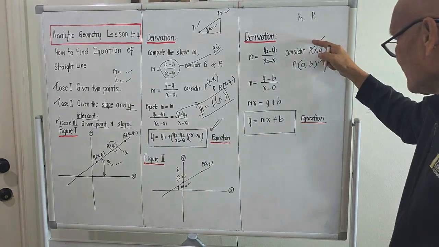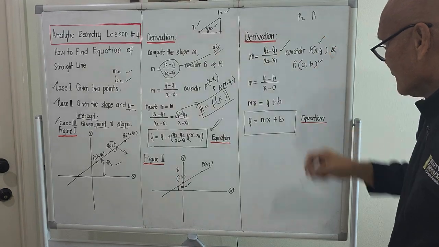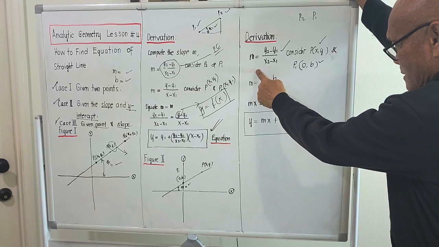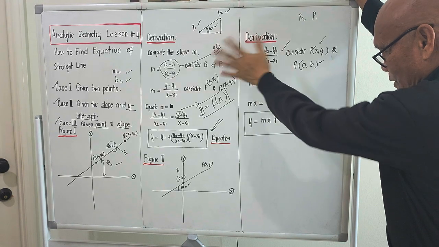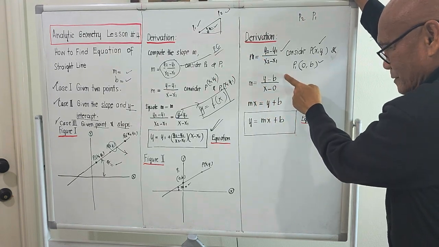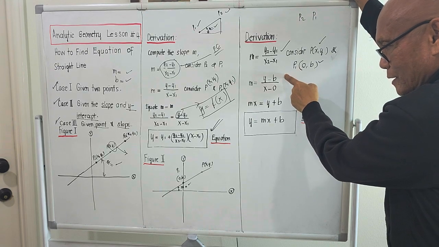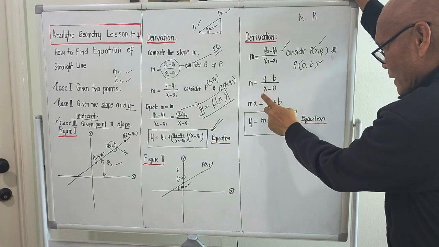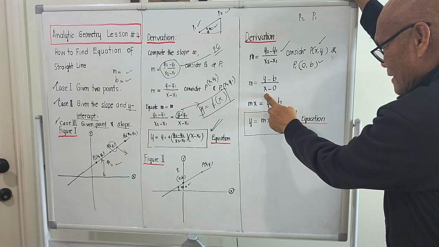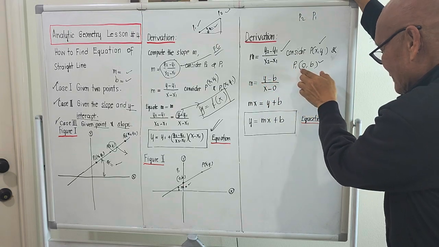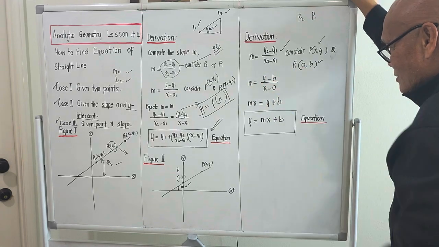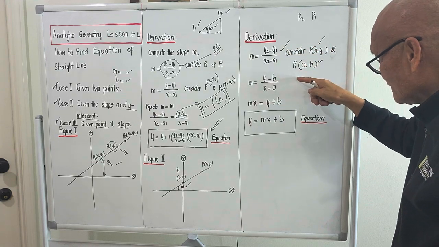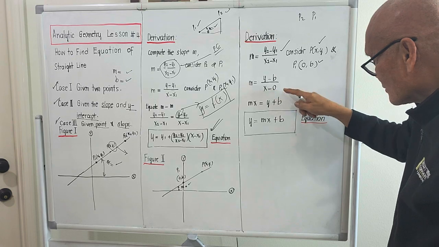So considering points P and P1, and by using this formula, the slope m will be equal to y, the ordinate of the intermediate point, minus the ordinate of point P1, which coincides with the y-intercept, so minus b, over x minus 0, since the abscissa of point P1 is 0. So m is y minus b over x minus 0, but this is not 0.